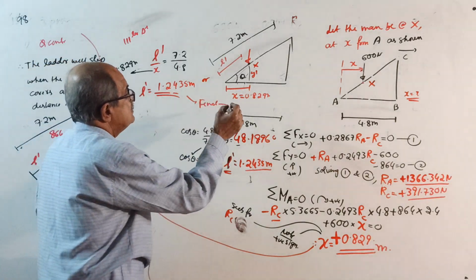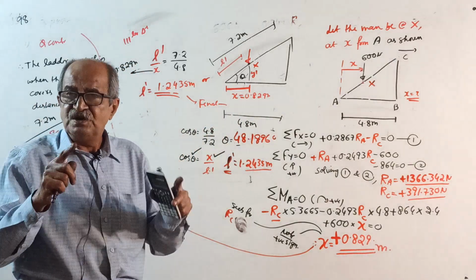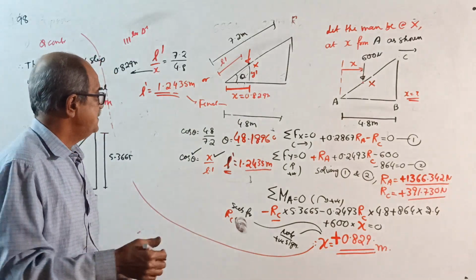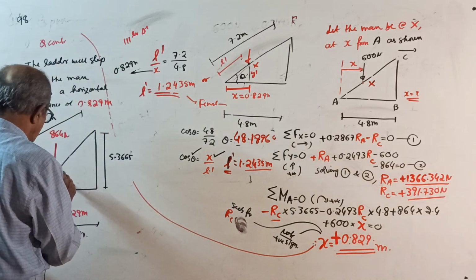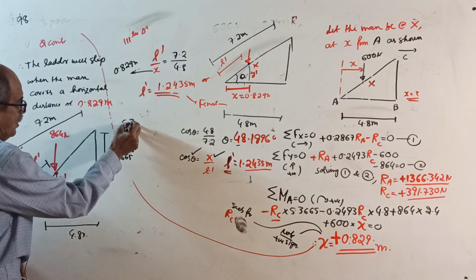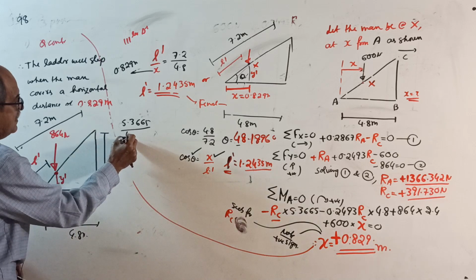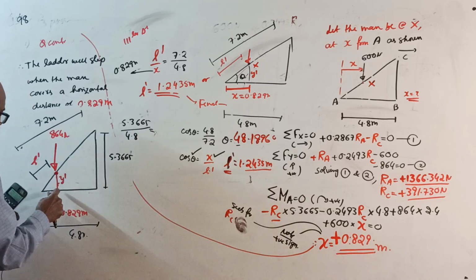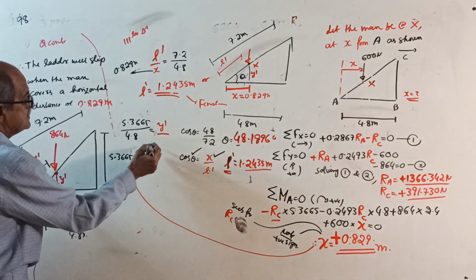Suppose in the question paper they ask you from what height the man will fall down. Then also first find x only. Make a note. So how much x will you get? 0.829. Then let it be y dash. Then, from similar triangles, 5.3665 divided by 4.8 equals y dash divided by x.